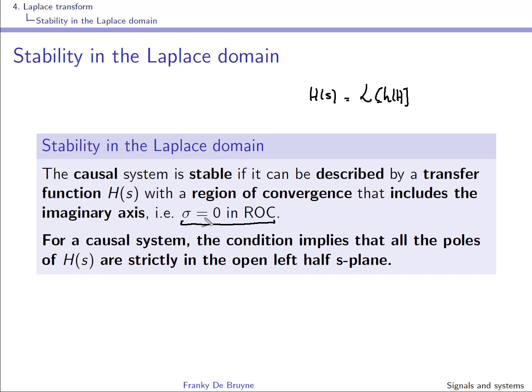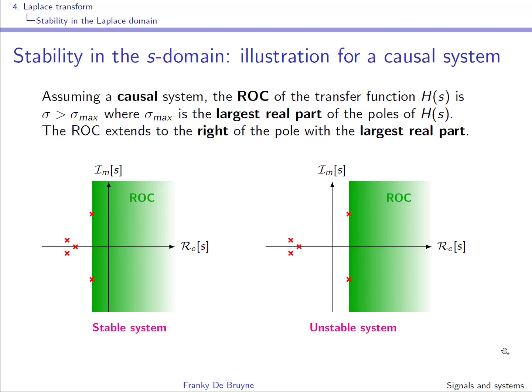For a causal system, this condition implies that all the poles of the transfer function H(s) are strictly in the open left half s-plane, and this is what we'll see now. So remember that to obtain the region of convergence of the transfer function, we consider all the poles, and we consider the poles with the maximum real part, and we know that the region of convergence is to the right of these poles with the maximum real part.